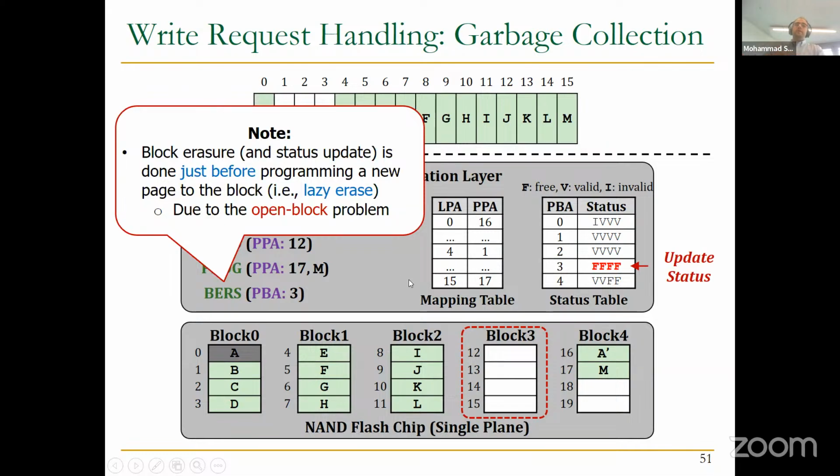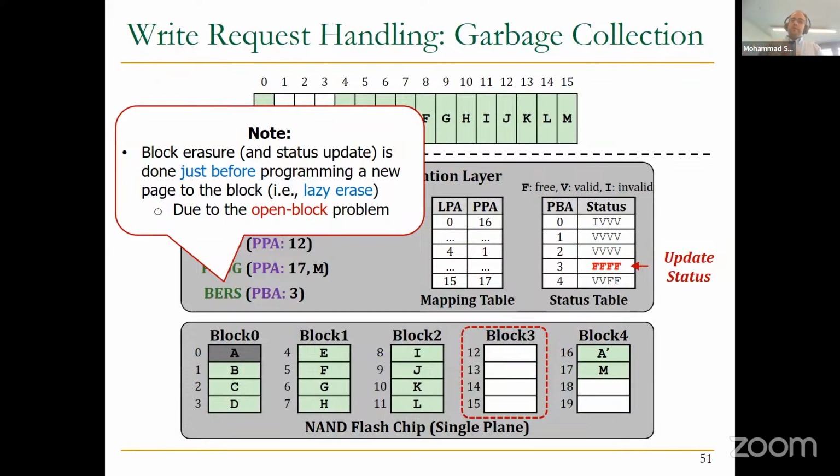Here I'd also like to mention that block erasure and the status update are done just before programming a new page to the block, which we call lazy erase. When we make block 3 a victim block, meaning all pages in that block are invalid, we don't do the erase operation immediately unless we really need to.